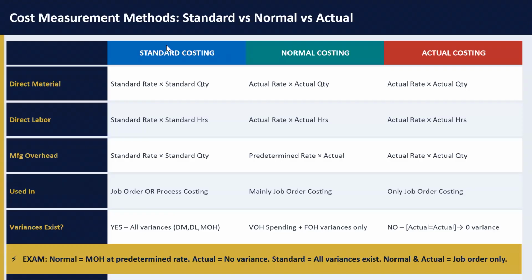Is it possible to calculate direct material variance in normal costing? Look at the equation again. You need both actual and standard or budgeted. With respect to this equation, find out, is it possible to calculate direct material variance in normal costing?